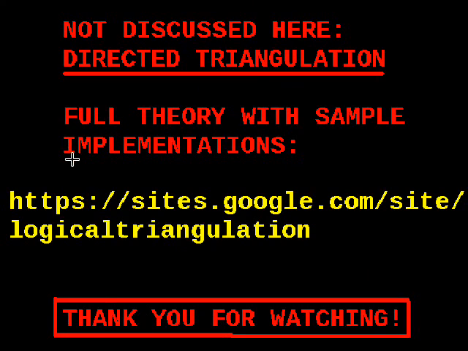Anyway, you can find the full theory on my website, and I hope that those example implementations can show you a little bit better how reasoning with logical triangles is possible, and that it is a powerful tool that might be quite useful for you and your own experiments.